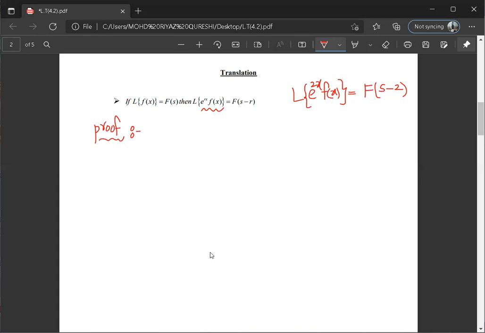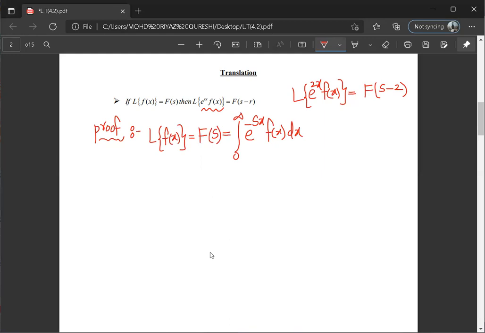What is the definition of the Laplace transform? We are going to prove this using the definition. L of f of x is equal to F of s, which is the improper integral from 0 to infinity of e to the power of minus sx times f of x dx.